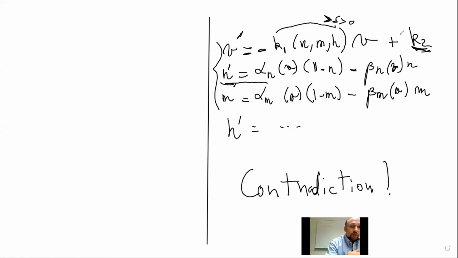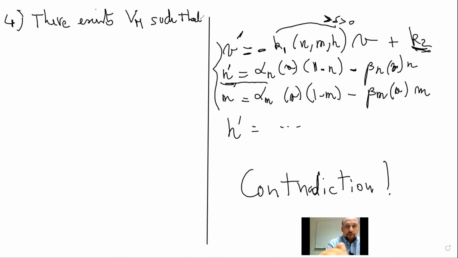So it's question 4. There exists a number V, capital M, such that minus K1 times V plus K2, and so I will write it like that, is negative.